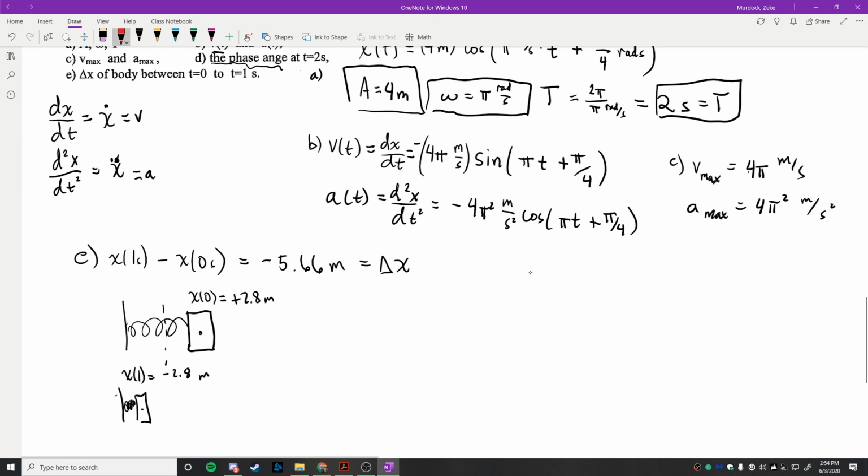So it basically moved from here back this way, and delta x, we're saying, is negative 5.66. Okay? From here back to there. You might think of this as x final and x initial, or you can think of it as x of 1 and x of 0, however you want to think about it. Does that make sense?